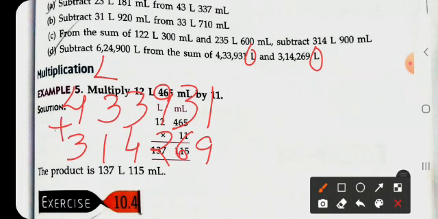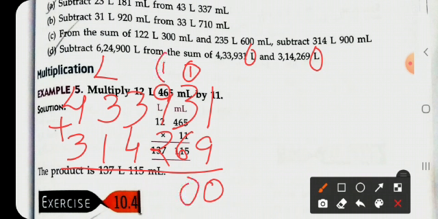Now you have to add this and get the sum. So 9 plus 1 is 10, 0, carry 1 over here. 6 plus 3 is 9, plus 1, 10, 0, carry 1 over here. 9 plus 2 is 11, 1, 12, 2, carry 1 over here. 4 plus 3 is 7, plus 1 is 8. 3 plus 1, 4, 4 plus 3, 7.